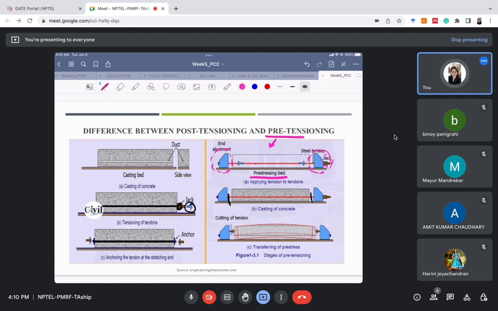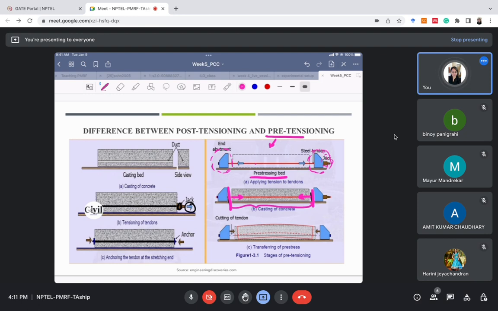Now we will cast the concrete beam in this part. Now we will remove these two jacks from here, and because of this the steel tendon will be compressed, right?